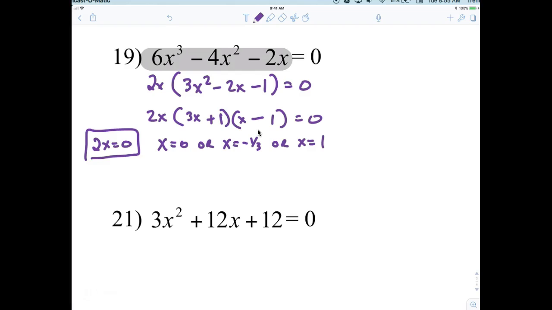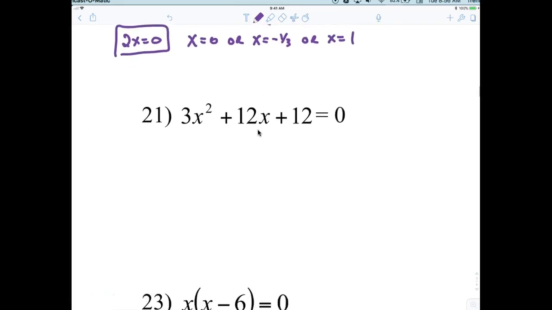What times 2 is 0? 0. That's why it's 0. You're literally setting all three of those factors equal to 0 and solving. And those of you who are having trouble, you're having trouble solving 2x equals 0. You with me? All right, put a star by number 21.